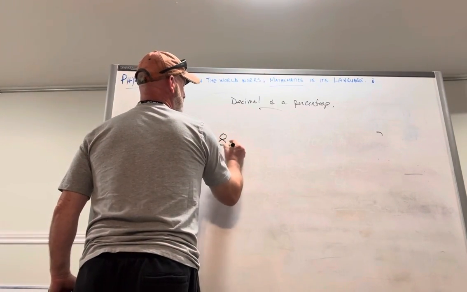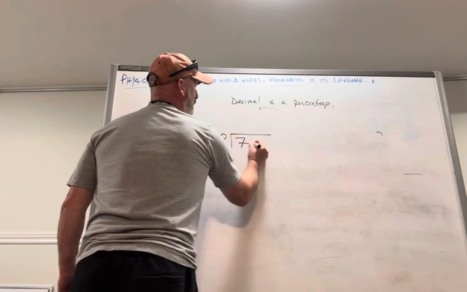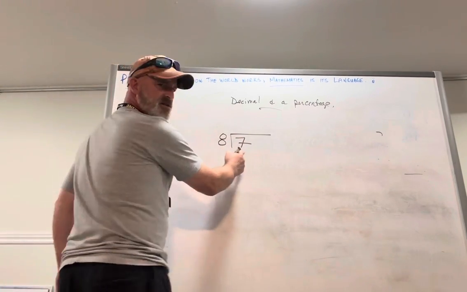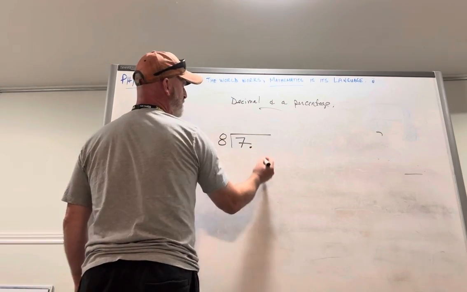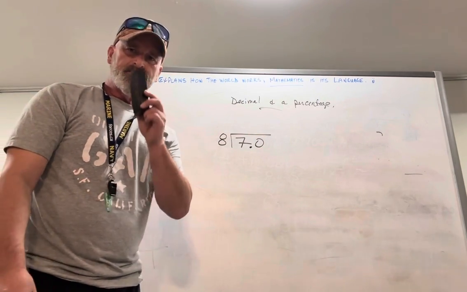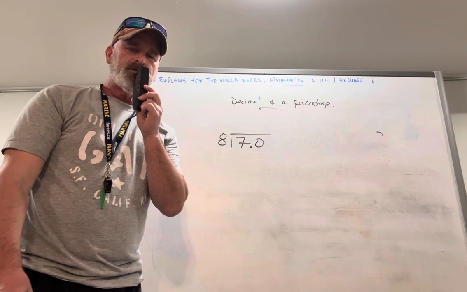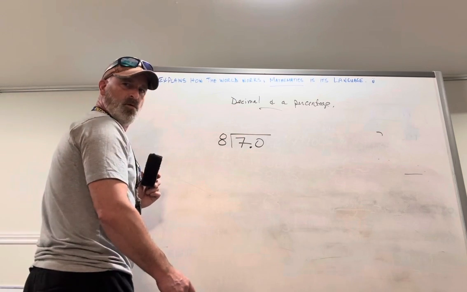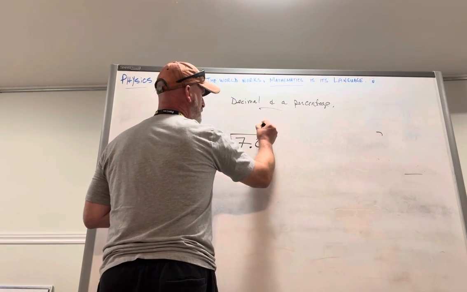8 divided into 7. Oh, wow, I wish we knew our times tables. Does 8 go into 7? No. So what do we do? Same thing as before. Does 8 go into 70? 8 times 7 is 56. 8 times 8 is 64. And we can't get any more in there.